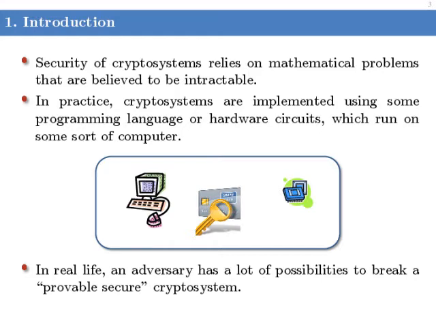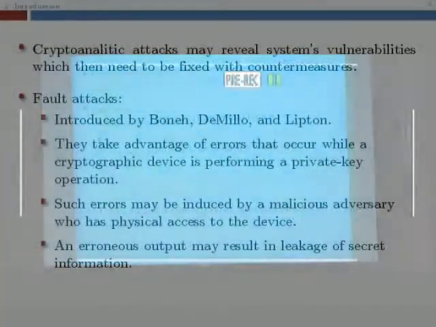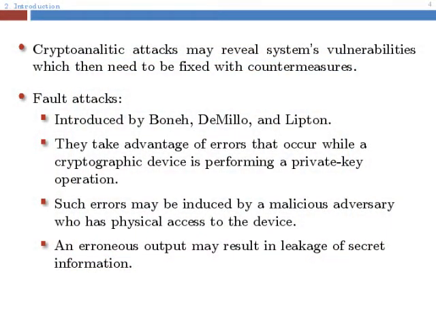In real life, an adversary has a lot of possibilities to break a probably secure cryptosystem, even when theoretically it seems that that cryptosystem will be secure. The implementation can help us to break a system. Cryptanalytic attacks may reveal some system vulnerabilities, which then need to be fixed with countermeasures.